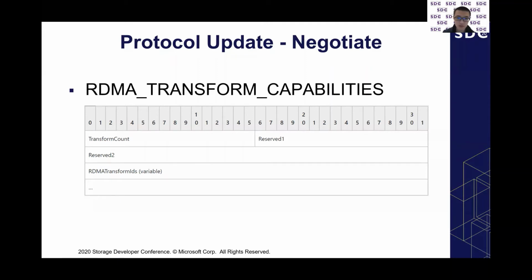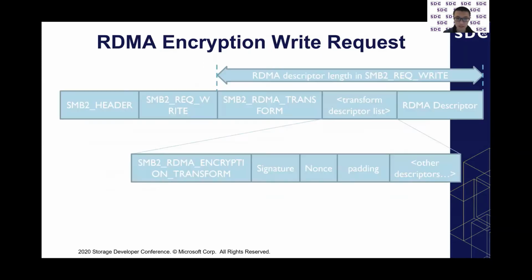This can be used for any future transforms we support on SMB messages on the direct data placement messages sent through SMB. Therefore, we have a variable length of RDMA transforms at the end of this negotiate context.